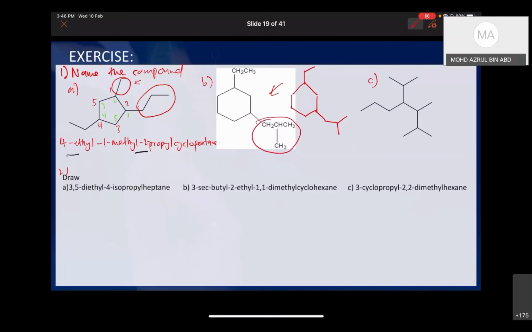What is the name of that substituent? Isopropyl?